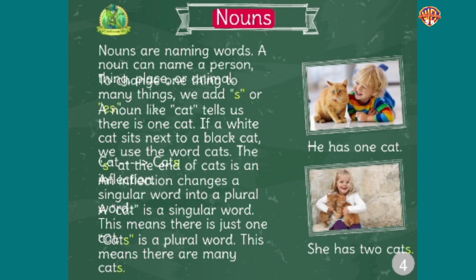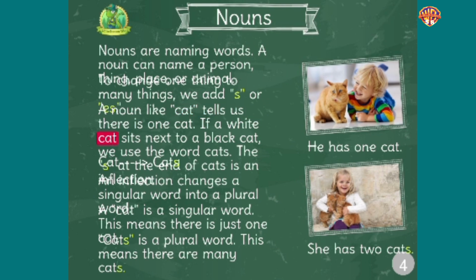Nouns. Nouns are naming words. A noun can name a person, thing, place, or animal. To change one thing to many things, we add s or es. A noun like cat tells us there is one cat.